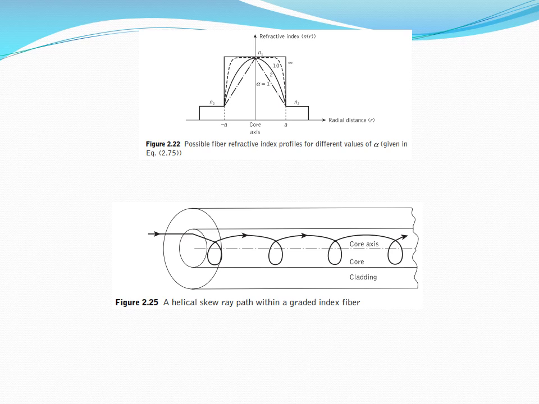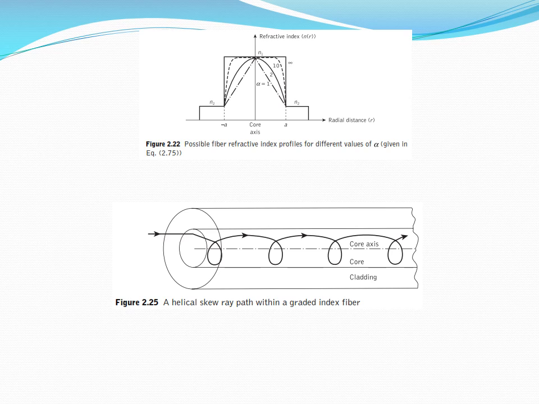For a step index fiber, we know that alpha should be equal to infinity, a very high value of alpha. So the graded index fiber can be made to operate as a step index fiber when alpha reaches infinity. This is the fiber profile variation observed in fibers.